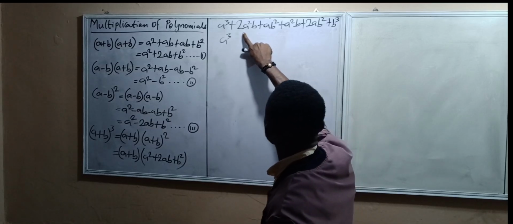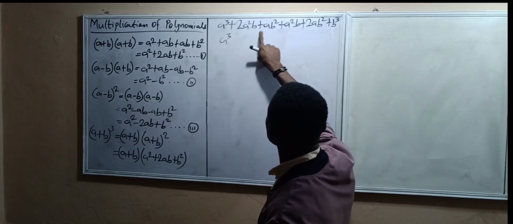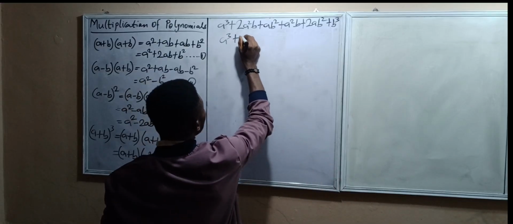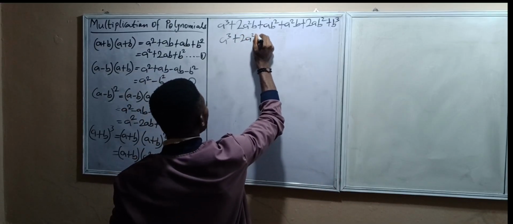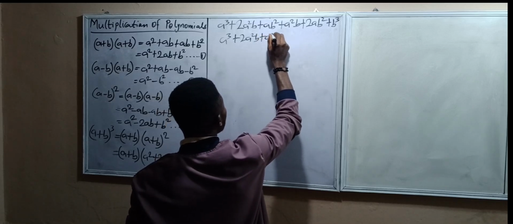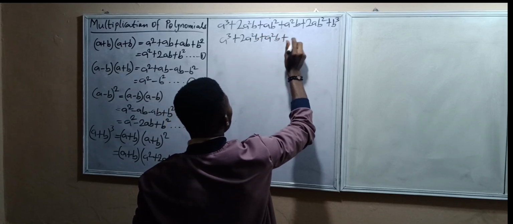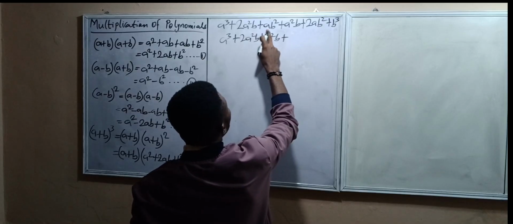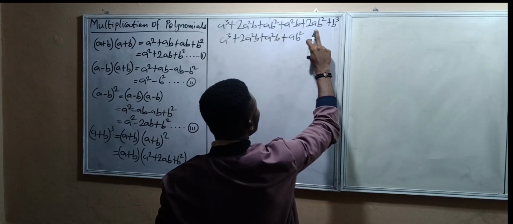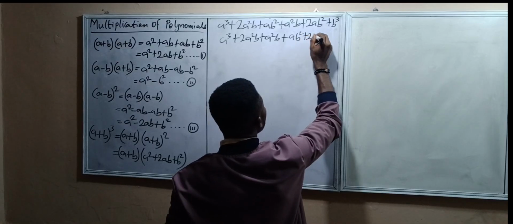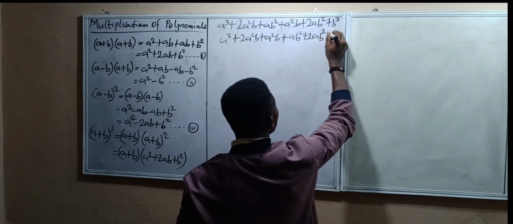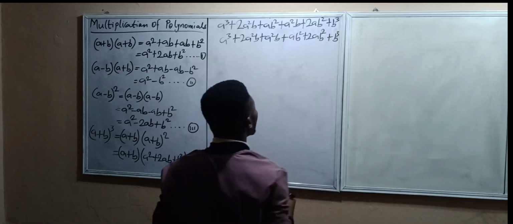We have 2a squared b plus a squared b. So this is plus 2a squared b plus another a squared b, then plus ab squared plus 2ab squared, then plus b to the power 3.